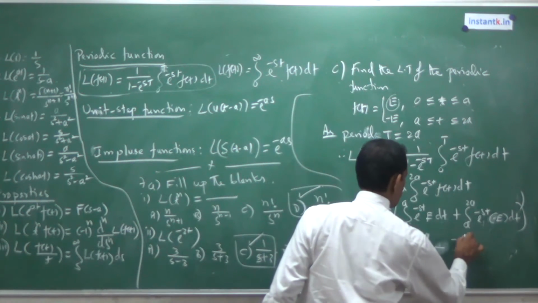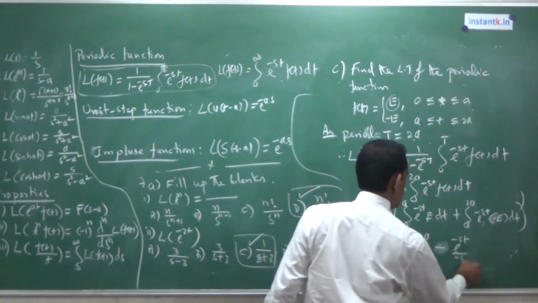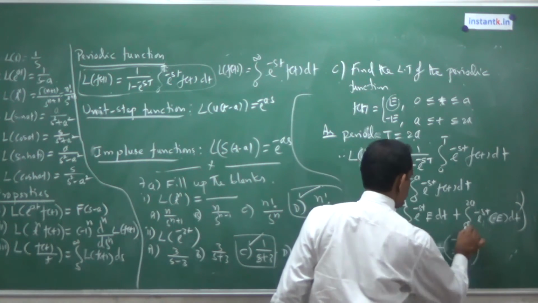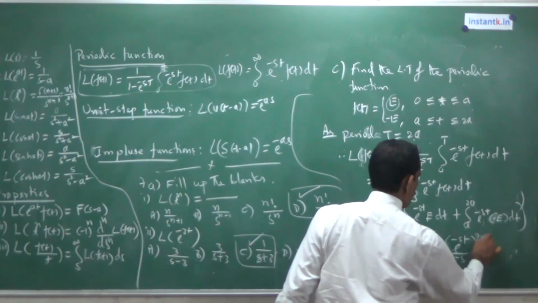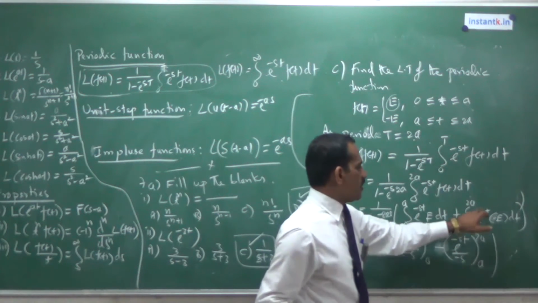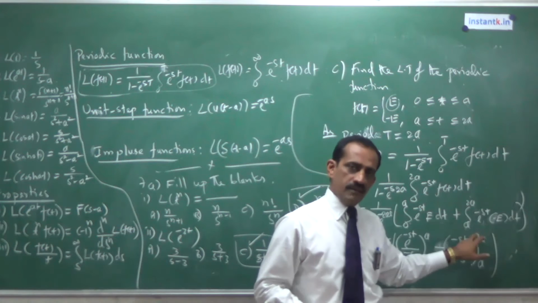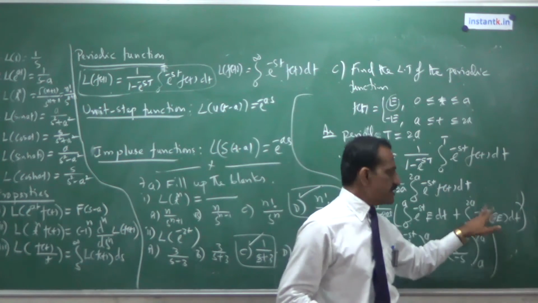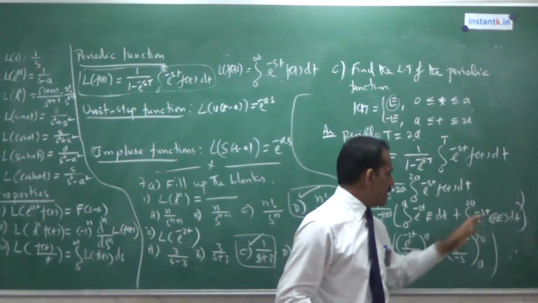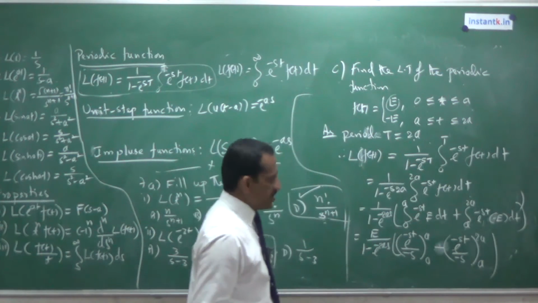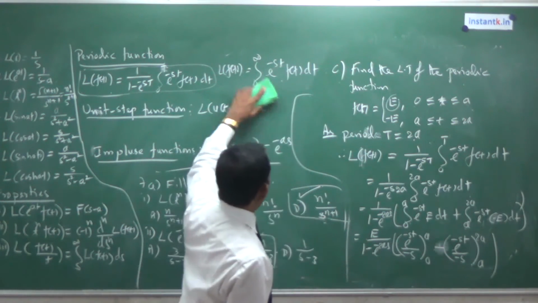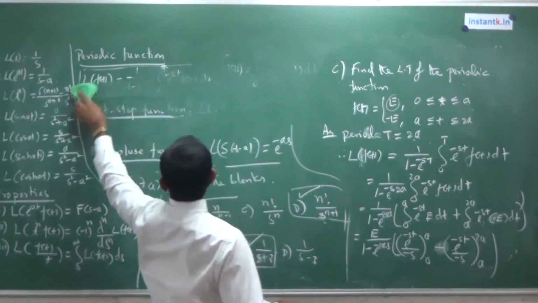E power minus st divided by minus s between the limits a to 2a. Simple integration: the integral of e power ax is e power ax by a with respect to x. Here instead of x, t is there; instead of a here, minus s. Now put the limits. First you put the upper limit, then minus the lower limit.